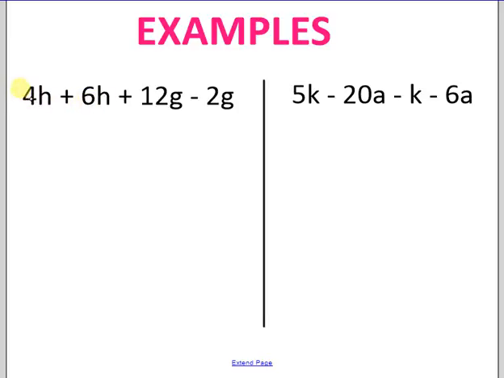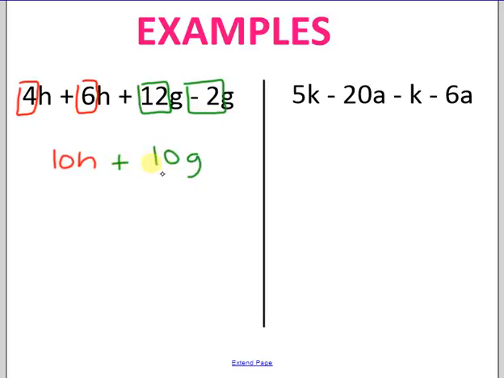I'm going to just look at my coefficients. I have 4 plus 6, that's going to be 10h. And then I'm going to take care of my g's here. I have 12 minus 2, and that's going to be 10g. Okay, that 10g is positive.